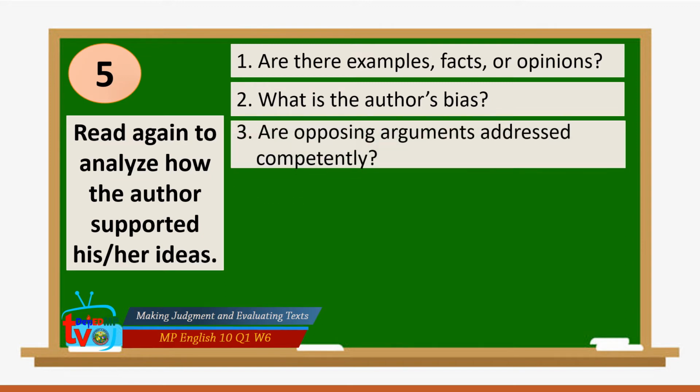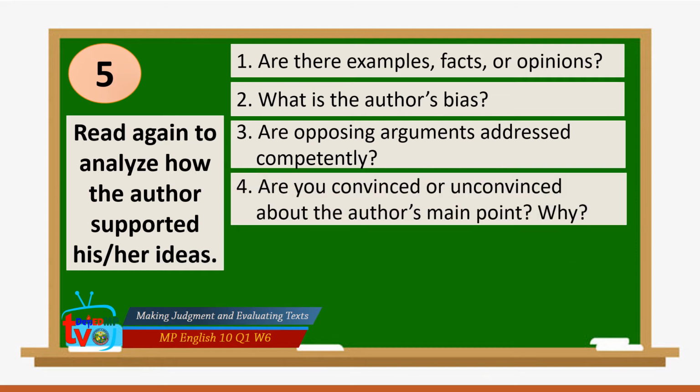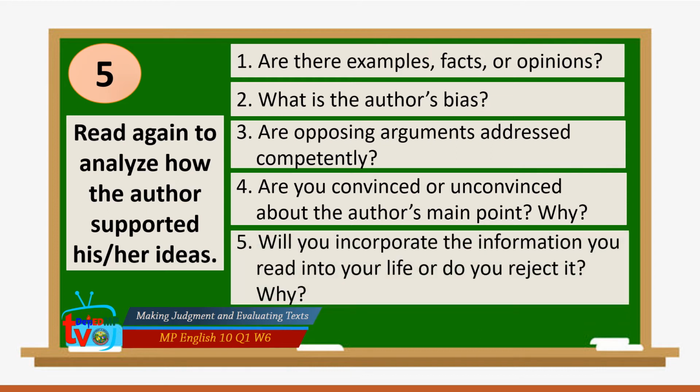Third, are opposing arguments addressed competently? Fourth, are you convinced or unconvinced about the author's main point? Why or why not? Fifth, will you incorporate the information you read in your life or do you reject it? Why?